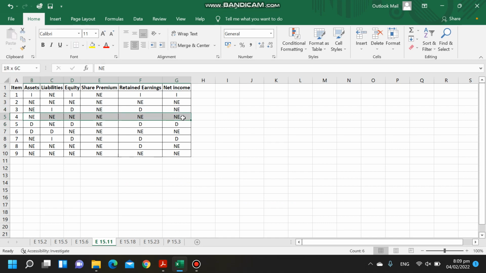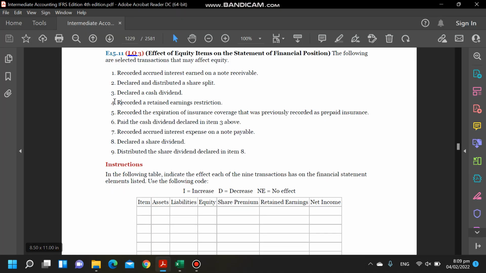And then item 5, recorded the expiration of insurance coverage that was previously recorded as prepaid insurance. For prepaid insurance, every period you must record the expiration of the insurance in the adjusting entry. The adjusting entry will be debit insurance expense, credit prepaid insurance.